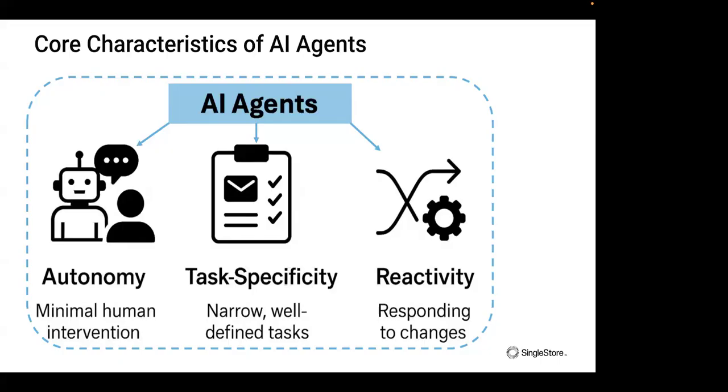It's not linear; it's very dynamic because the user can come up with different questions, and the AI agent should easily sense what the user is asking and do tool calling depending on the user query. So there are a lot of changes and a lot of dynamics. So it's not linear. These are the three basic characteristics of AI agents.